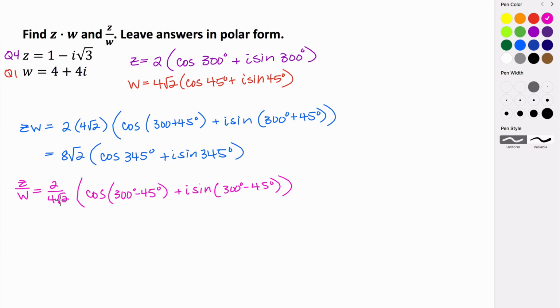And then we're going to have to rationalize here. This turns out to be 1 divided by 2 rad 2. So if we rationalize this, it turns out to be the square root of 2 over 4 times the cosine of 255 degrees plus i times the sine of 255 degrees. So this is the quotient of z and w.